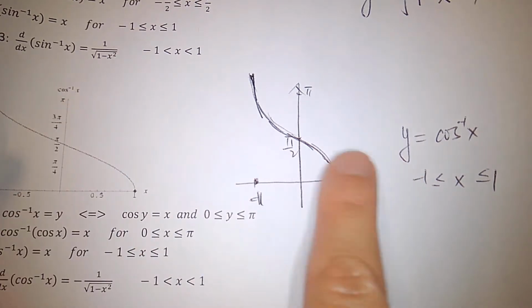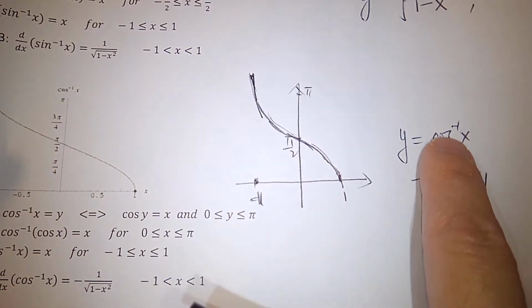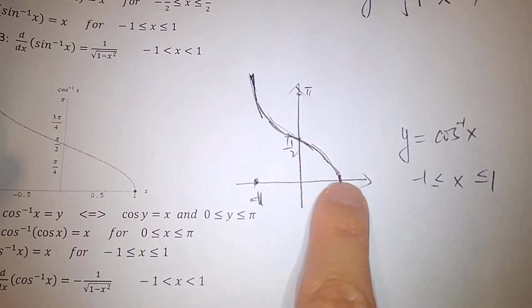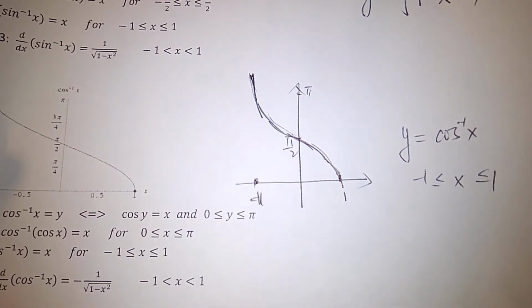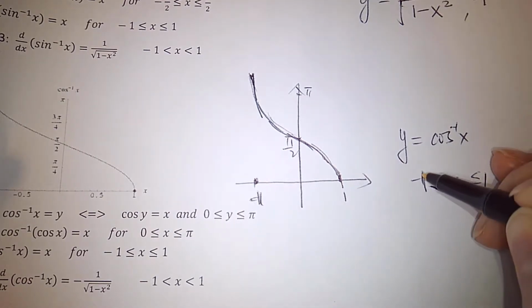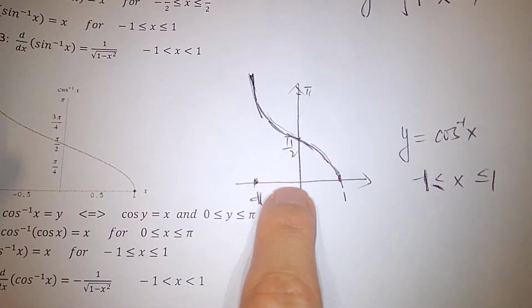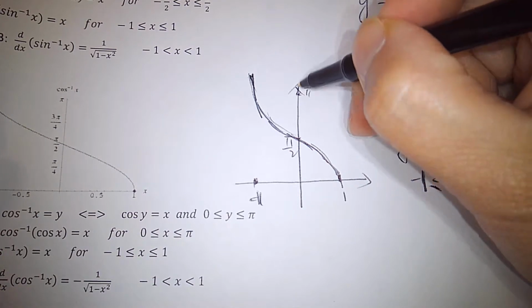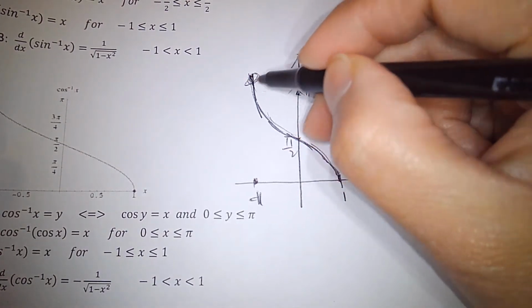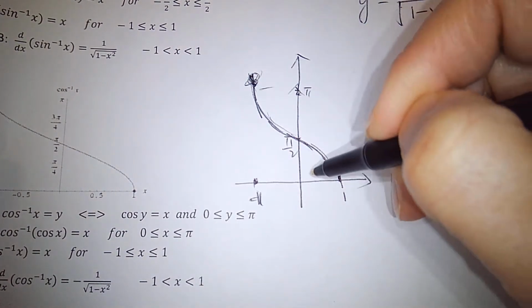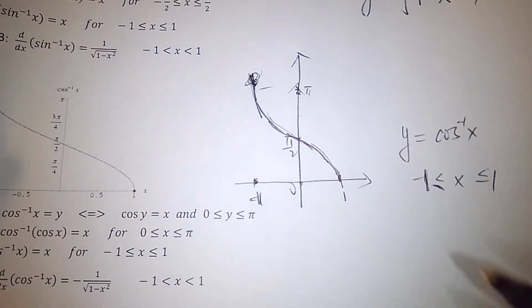Similarly, for the cosine function, we choose part of the cosine function and do the inverse cosine. So this is a graph for what? Y equals inverse cosine. We can tell that the domain for the inverse cosine is still from -1 to 1. The range for the inverse cosine is from 0 to pi.